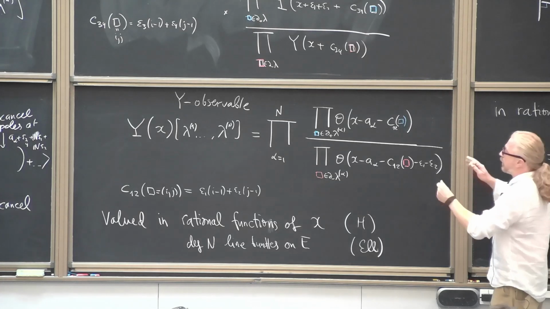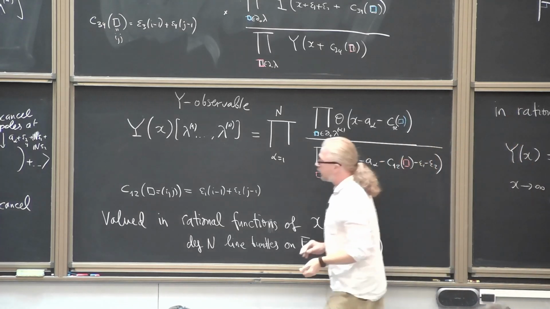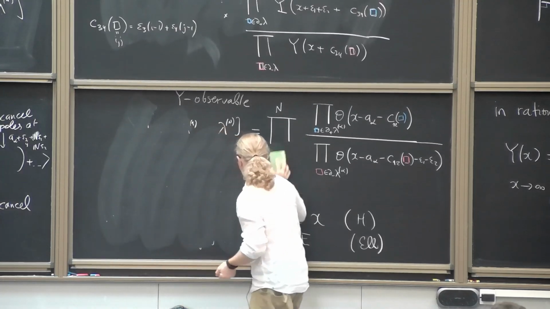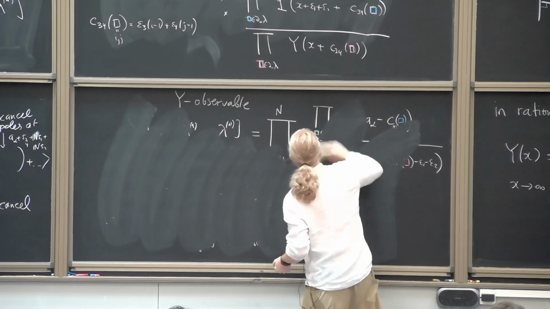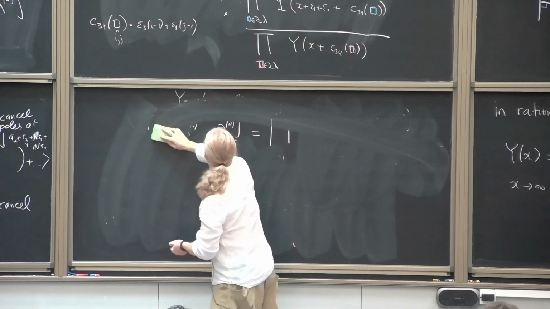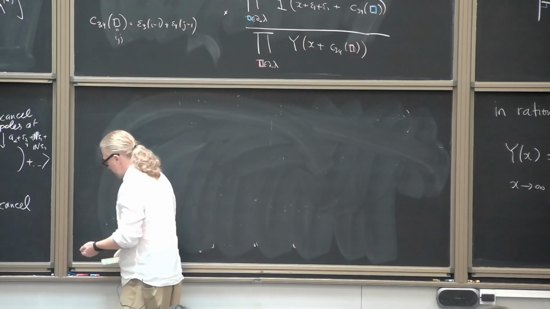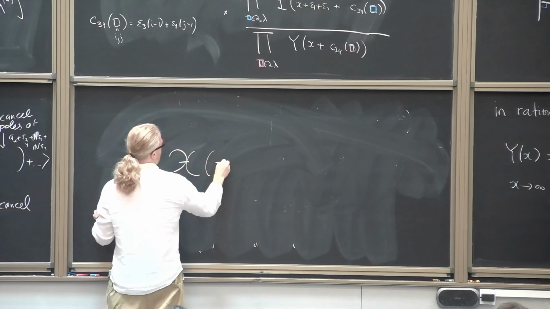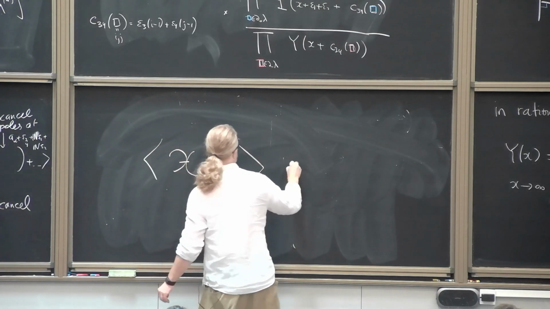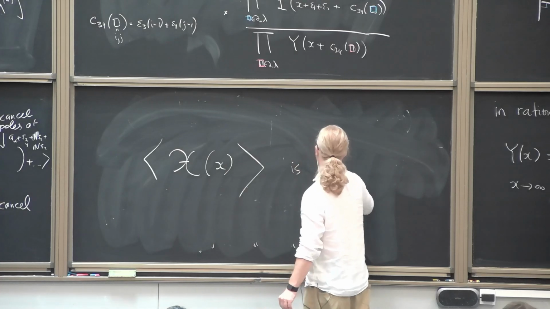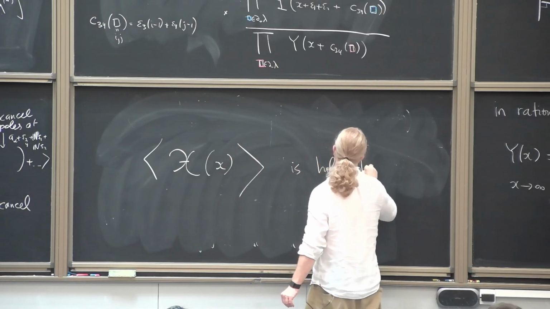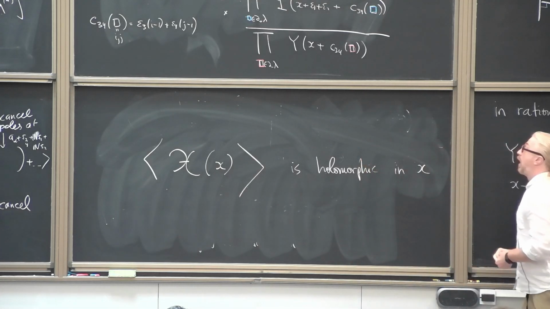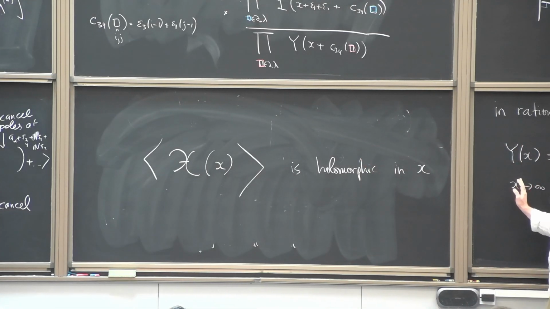But okay, you can ask, why bother? Why all this trouble? Well, it's worth doing that because the main theorem, which is elementary in this case, says that the expectation value of this observable is holomorphic in X. So all poles have been cancelled.